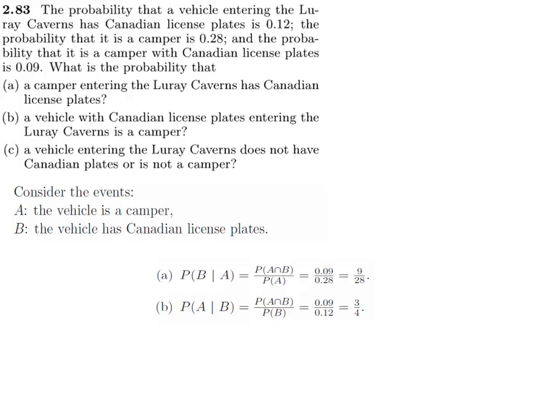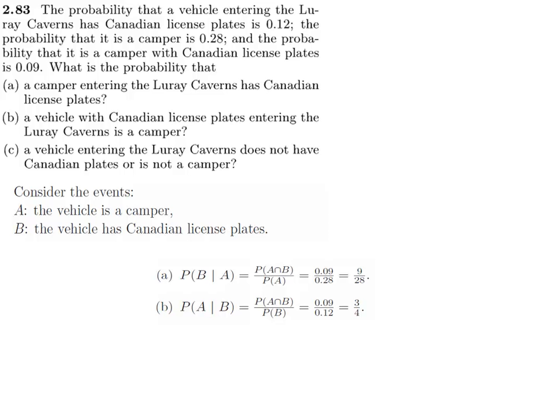So the first thing you need to notice is that that's not a conditional probability, right? Nothing given. You're basically trying to find out that none of them have Canadian plates or not a camper.